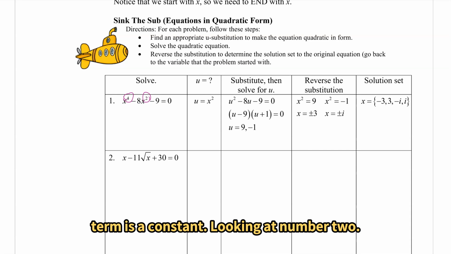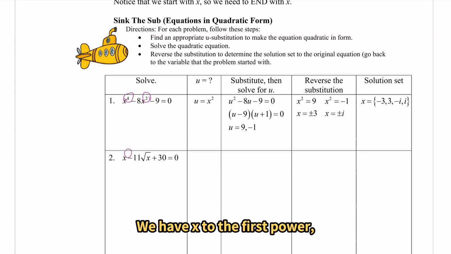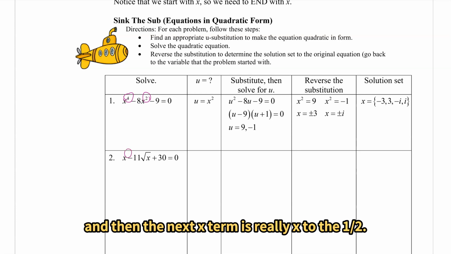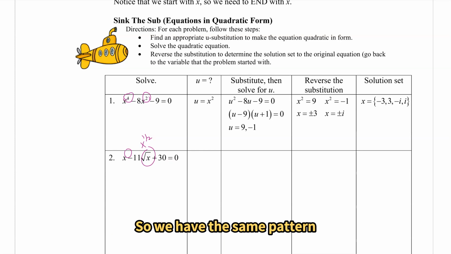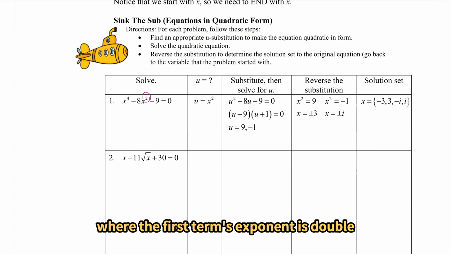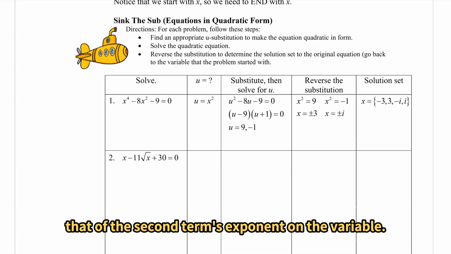Looking at number 2, we have x to the first power, and then the next x term is really x to the 1/2. Remember, we can take those radicals and turn them into rational exponents.